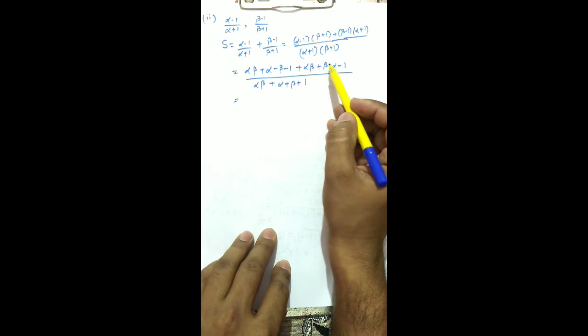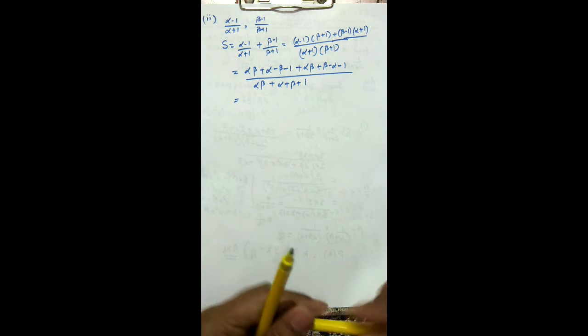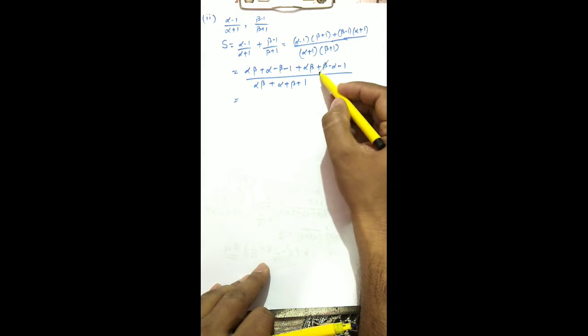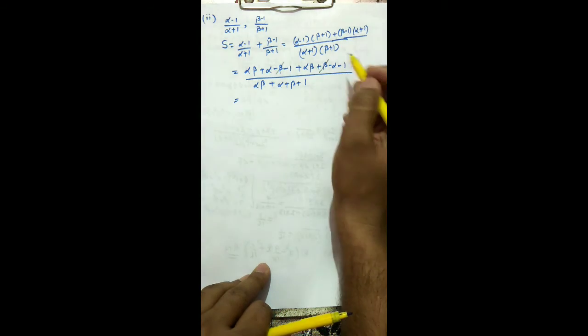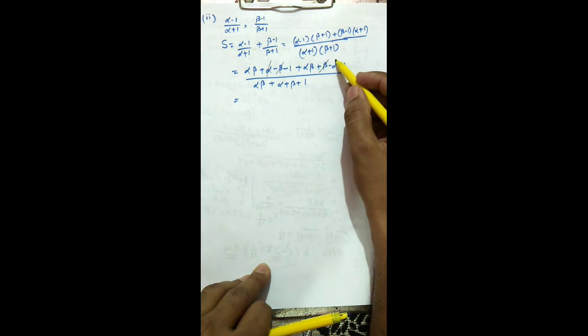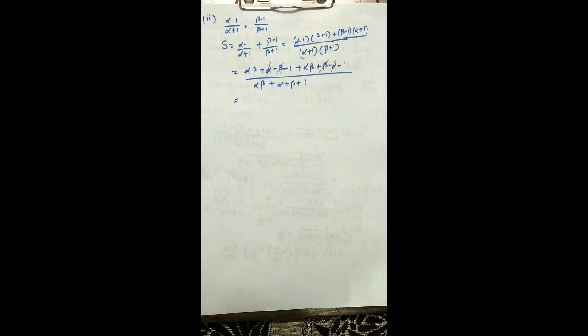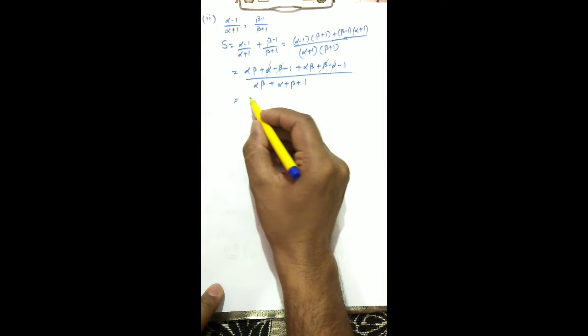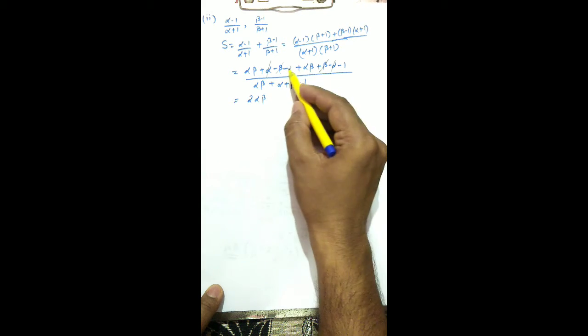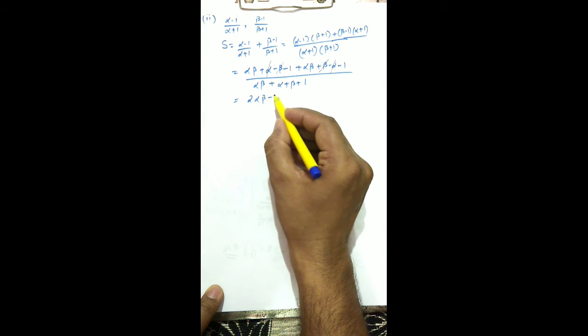This is minus beta and this is plus beta, so cancelled. This is minus alpha, this is plus alpha, so it is cancelled. So you are left with 2 alpha beta, and this is minus 1, this is minus 1, so it becomes minus 2.